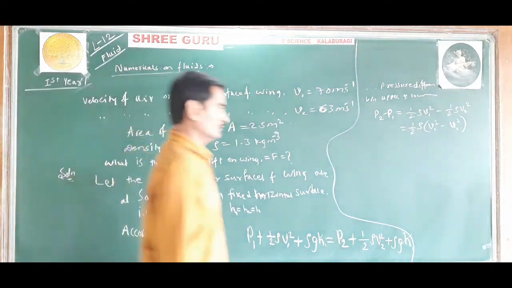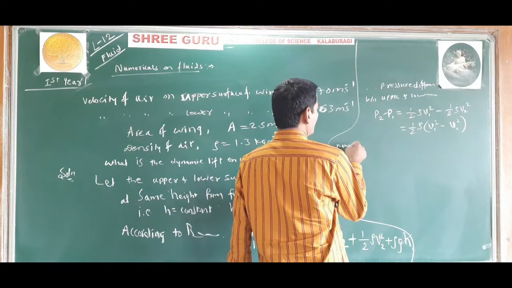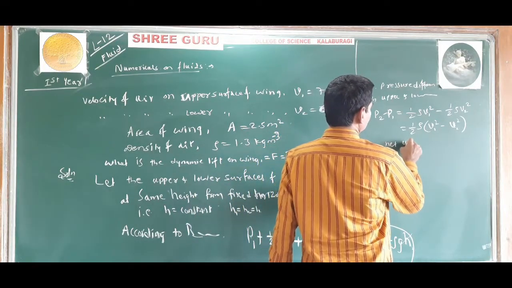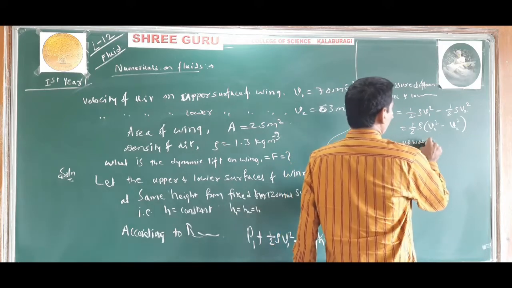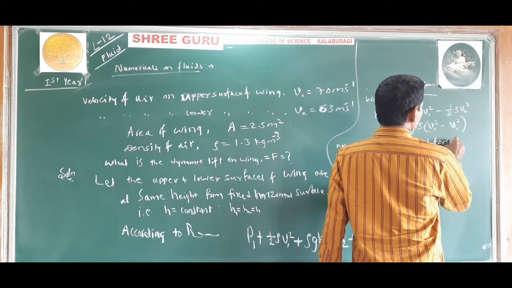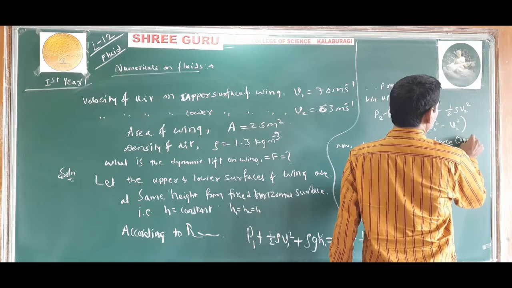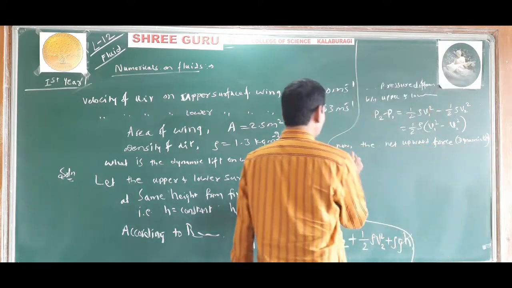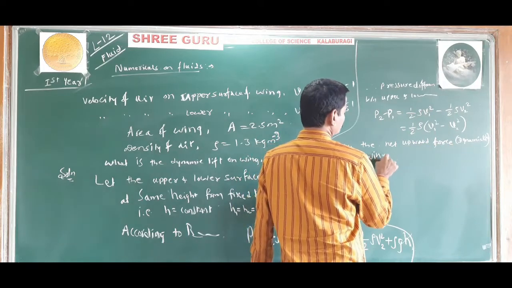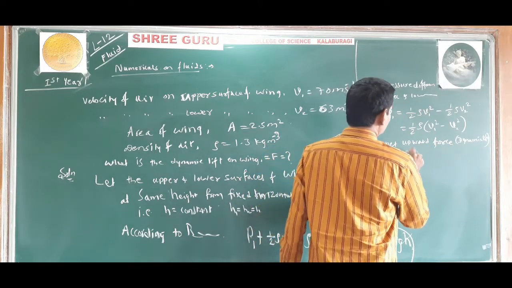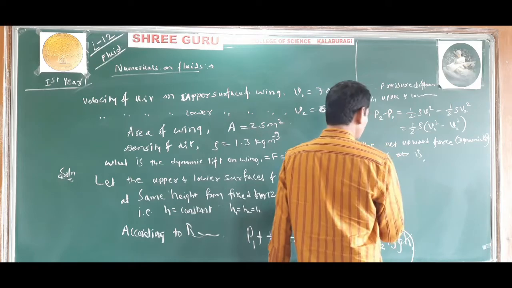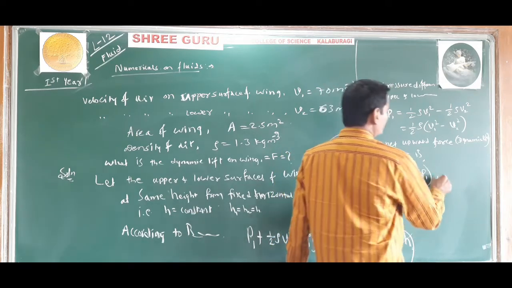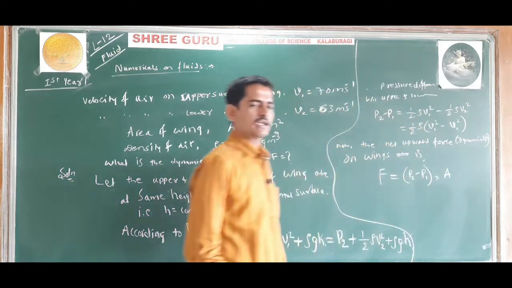So now the dynamic lift, that is the net upward force, that is called as dynamic lift on wings, is given by F is equal to P2 minus P1, that is pressure difference into area of the wing.